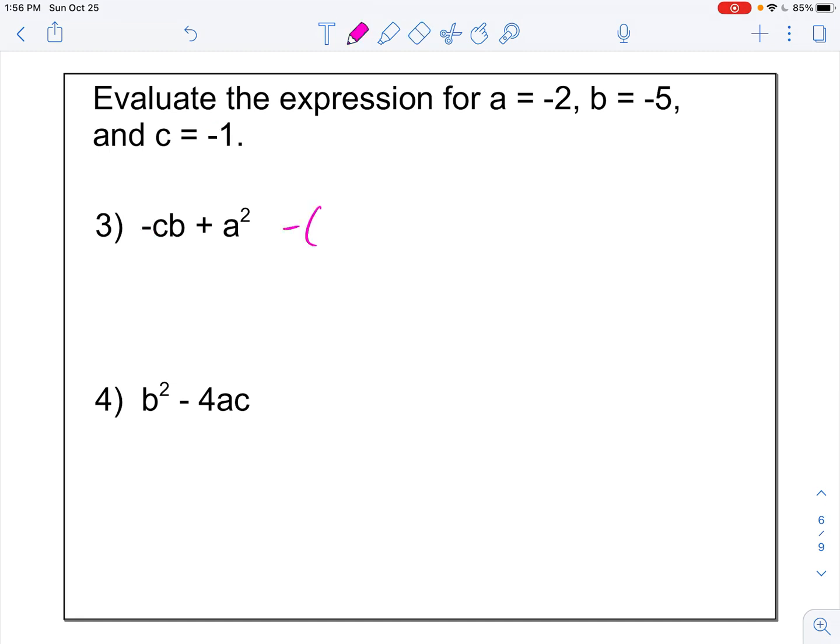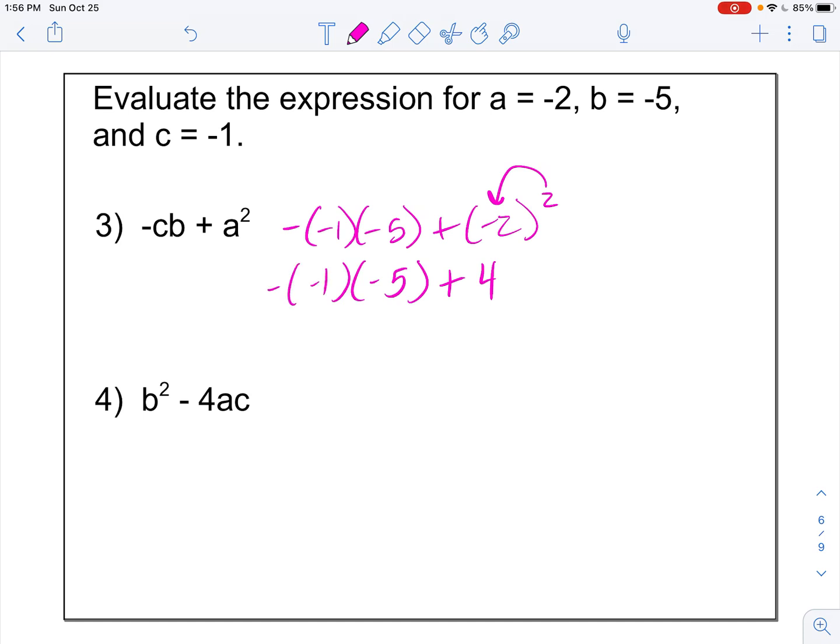So I have the opposite of C, and C is negative 1, times B, which is negative 5, plus A, which is negative 2, squared. I do have a square. Remember, the parentheses are just there to capture that negative. So negative 2 times negative 2, that's a positive 4. I'm going to rewrite everything else. That's important.